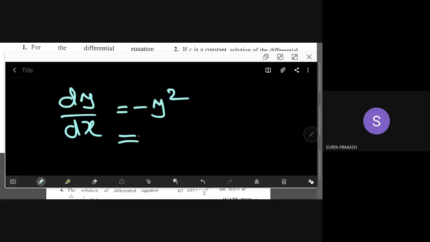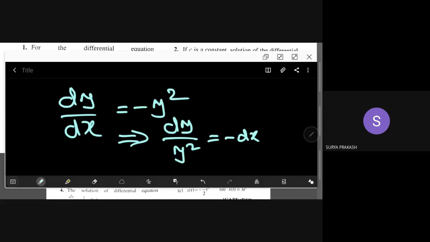We have dy dx is equal to minus y square. So that implies dy by y square is minus dx. We can easily integrate this.